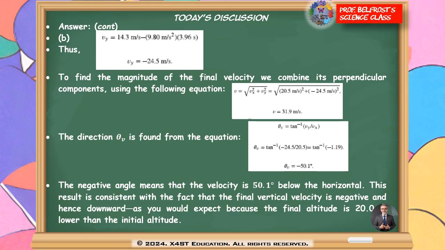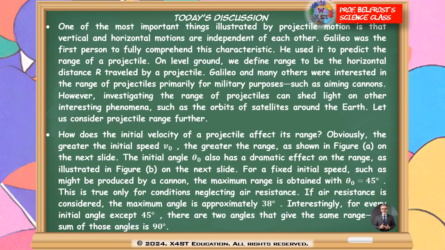And this is what we expect, right? One of the most important things illustrated by projectile motion is that vertical and horizontal motion are independent of each other. On level ground, we define the range R as the horizontal distance traveled by the projectile. And this is a very interesting discussion.